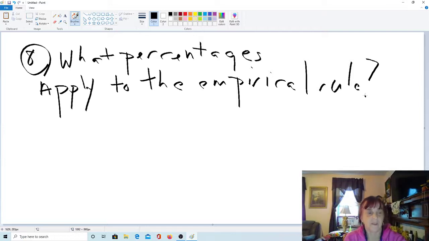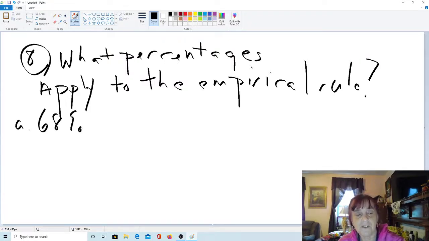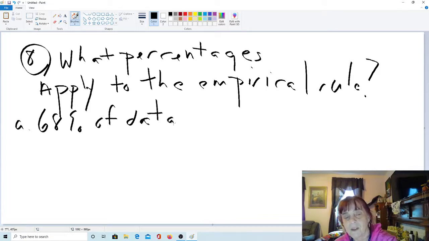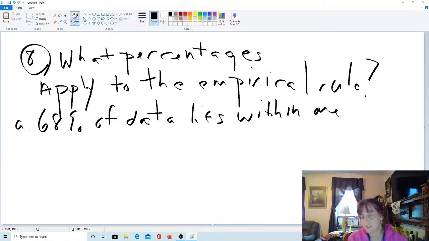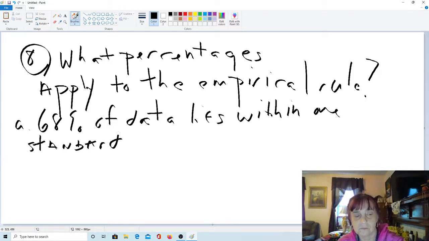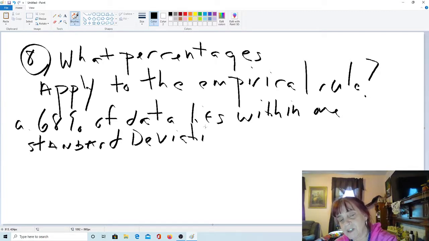Okay, part A, 68% of the data lies within 1 standard deviation of the mean.